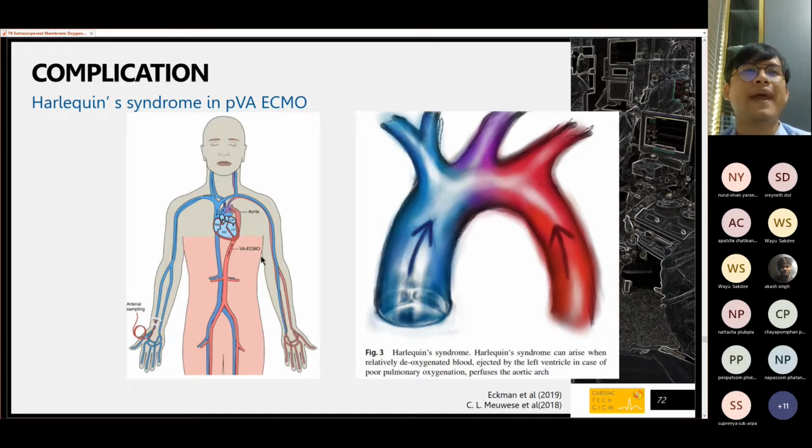A patient who has this condition is going to have a brain complication, because now the brain lacks perfusion.